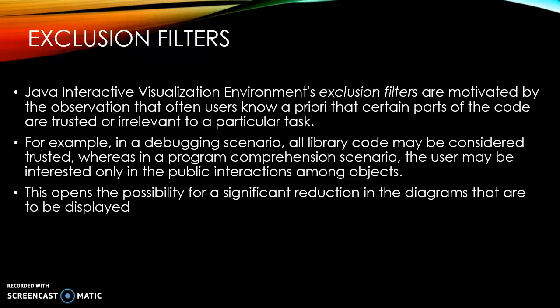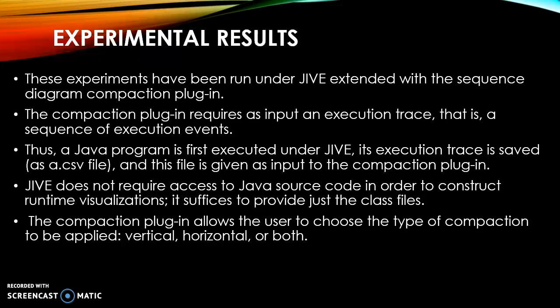And now finally coming to the experimental results. These experiments have been run under JIVE extended with a sequence diagram compaction plugin. The compaction plugin requires as input an extended execution trace, that is, a sequence of execution events. Thus a Java program is first executed under JIVE.